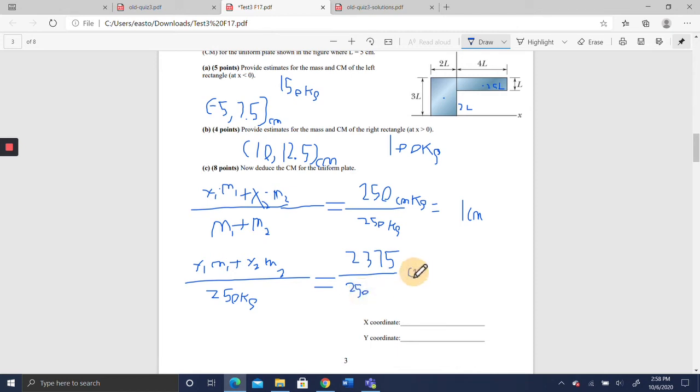This will be in centimeters. And that gives us a final value, y of 9.5 centimeters. And this is our y. This is our x. And hopefully that made sense how to do it.